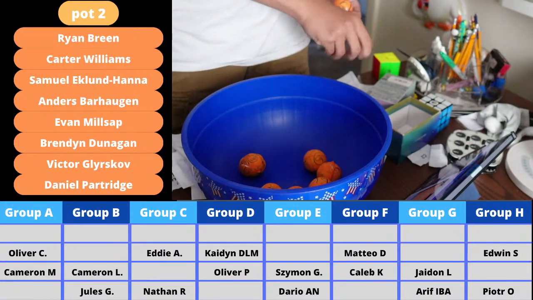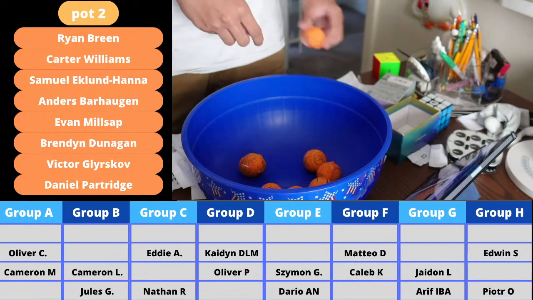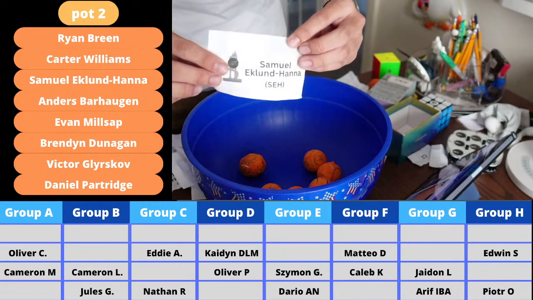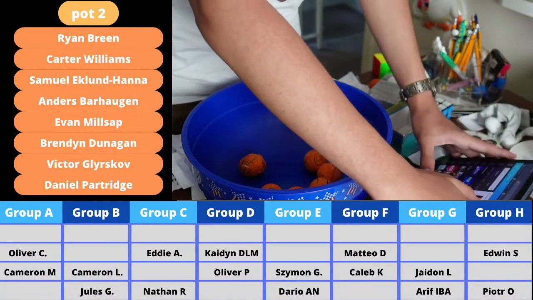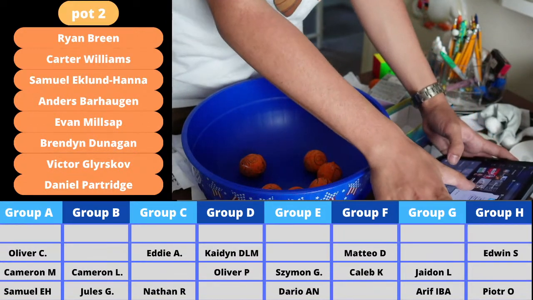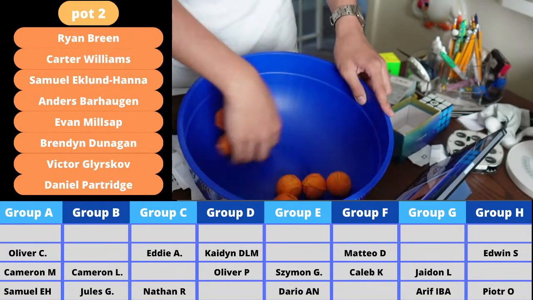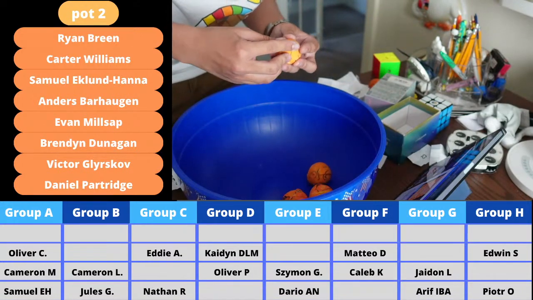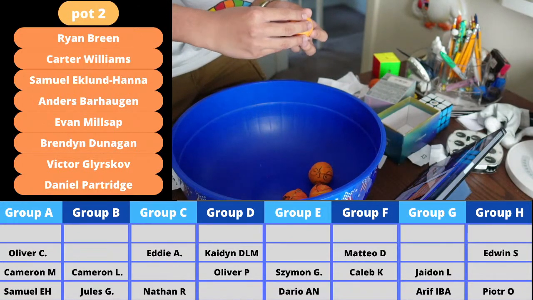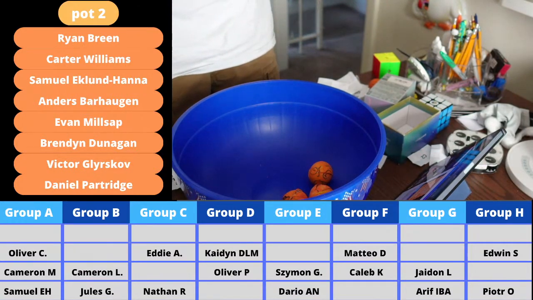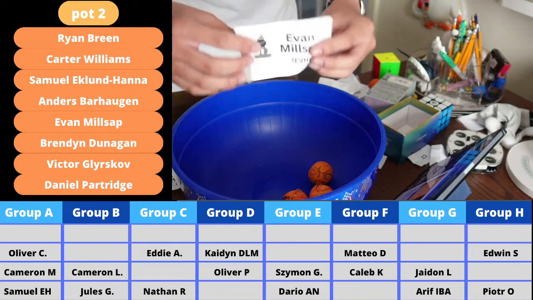First competitor from pot 2 going into group A is Samuel. Samuel will be in group A in position A4. Group B will be Evan Millsap.